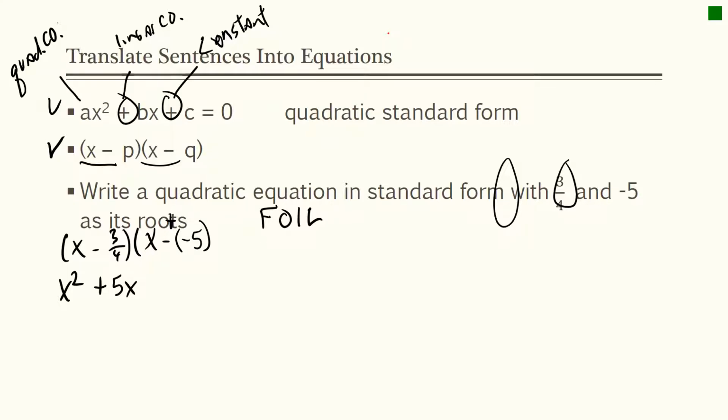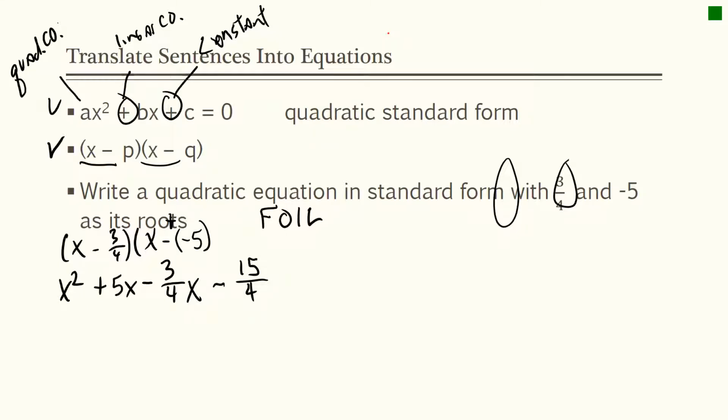And then I've got the inner terms, the -3/4 and the x. Well, that gives me -3/4x. And then lastly, I've got -3/4 times +5. So I multiply the -3/4 times the +5, and I'm going to end up with -15/4.